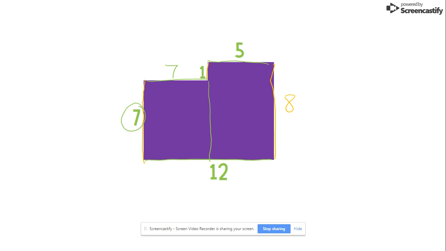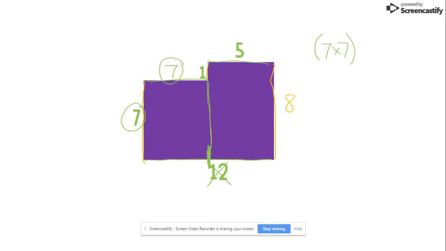The top of this rectangle says 7, and on the bottom, that number 12 is down there. But when I drew this line, I have now split the line that the 12 belonged to, so I can no longer use that number 12 since I cut it earlier. So the top number for this rectangle would be 7. And the area for the left-hand rectangle would be 7 times 7.